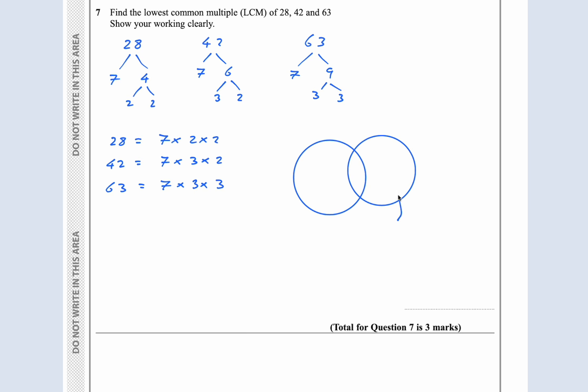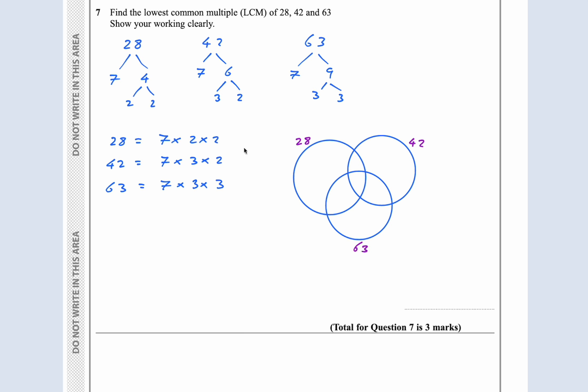How good are those circles? Okay, so this one is 28, this one's 42, and this one's 63.